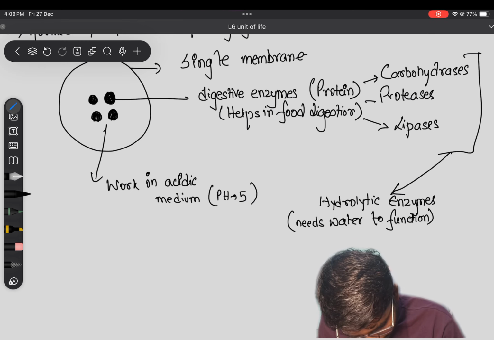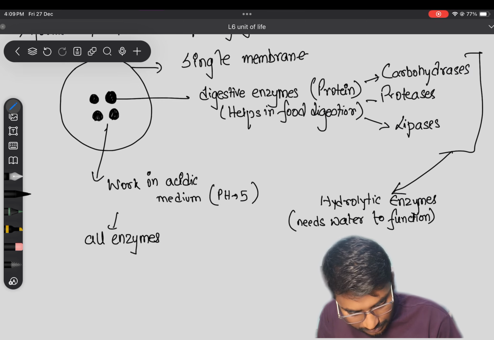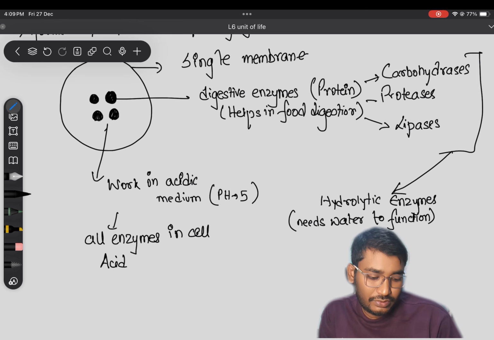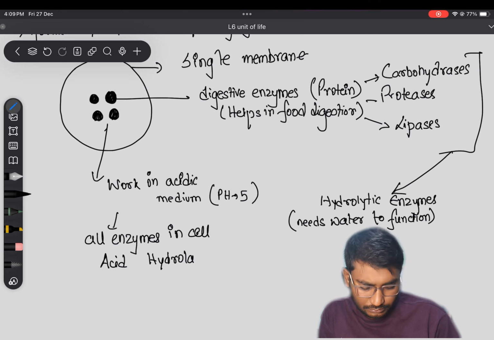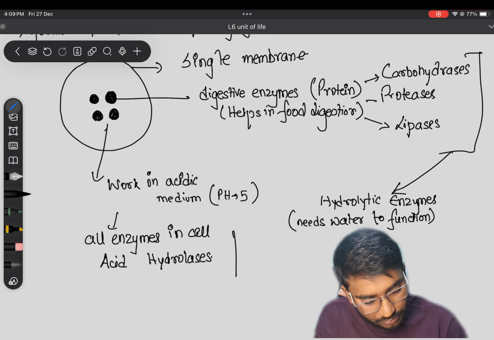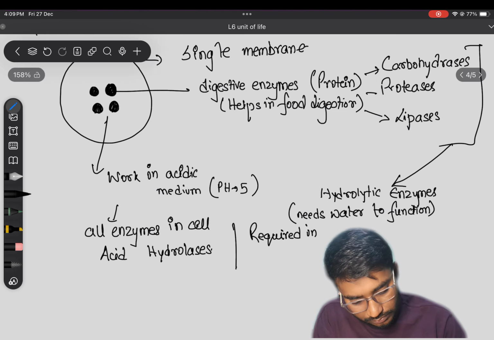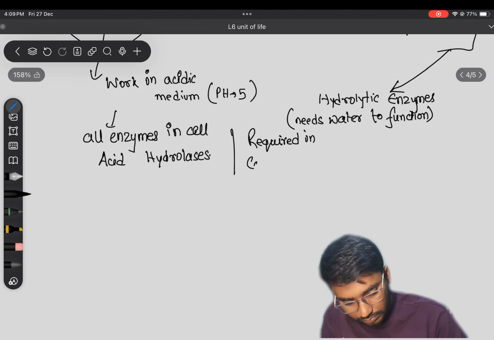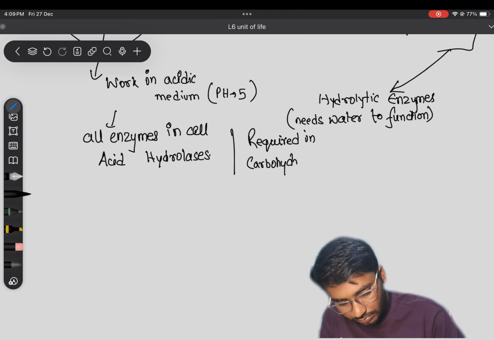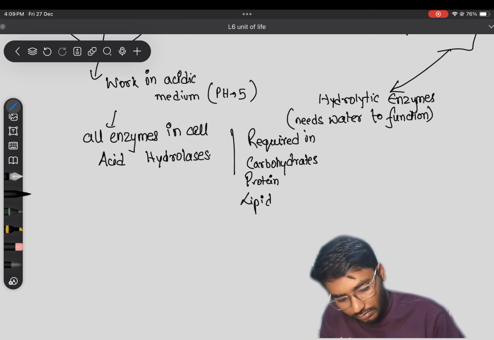All enzymes are hydrolytic enzymes, acid hydrolases. Digestion of these is required: carbohydrates, protein, lipid, nucleic acid.